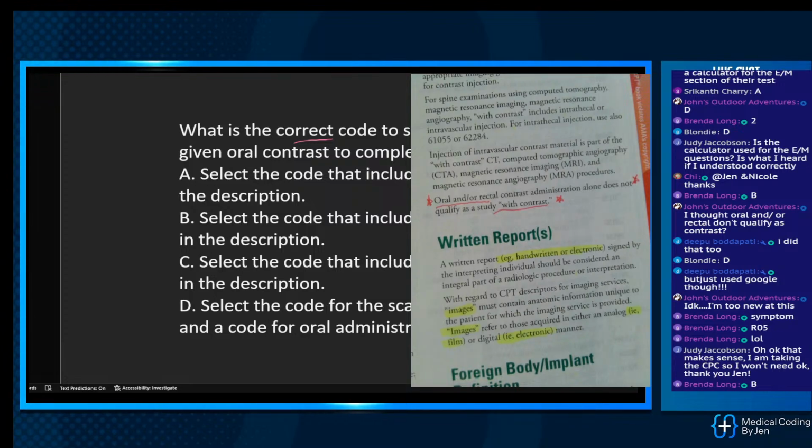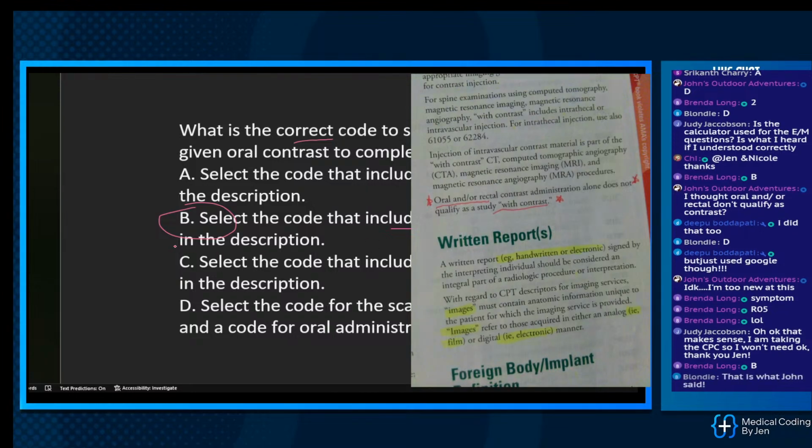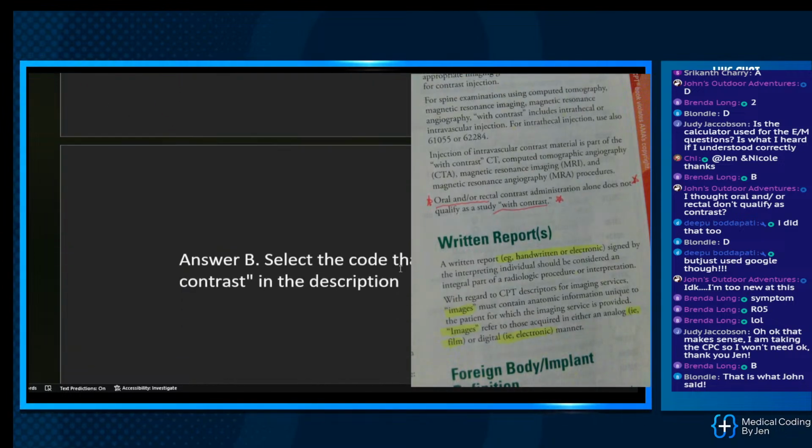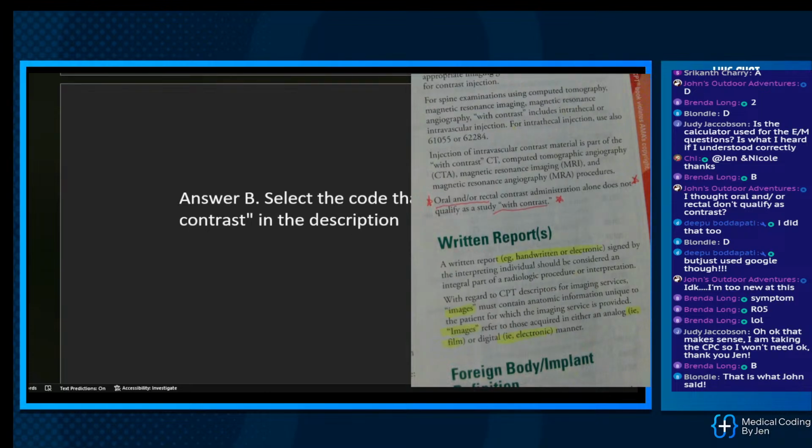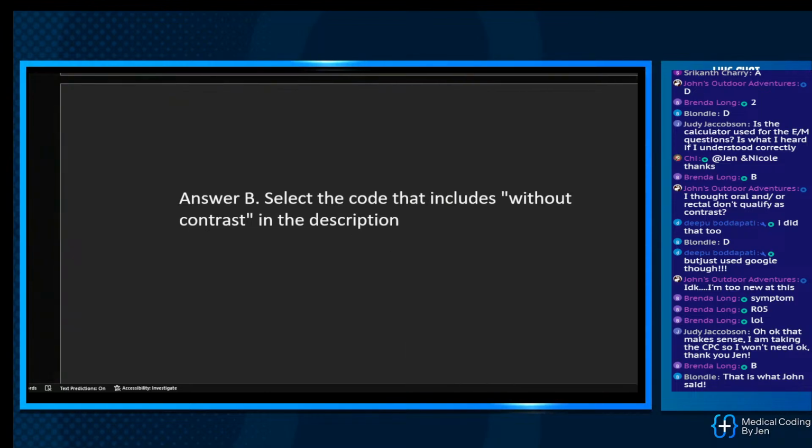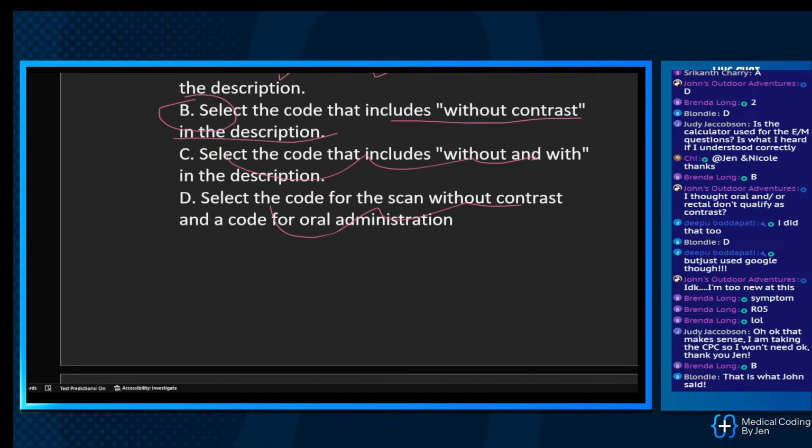We would code B, because B says select the code that includes without contrast in the description. Plain and simple, that's it. All these other ones get crazy. Oops. Y'all can't see as I'm drawing them out.